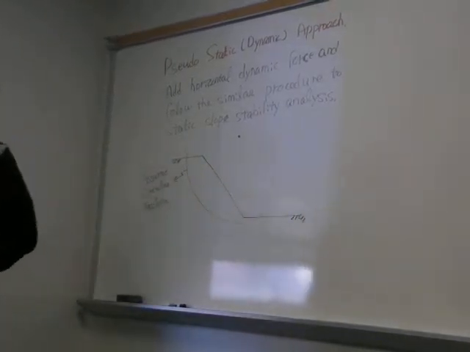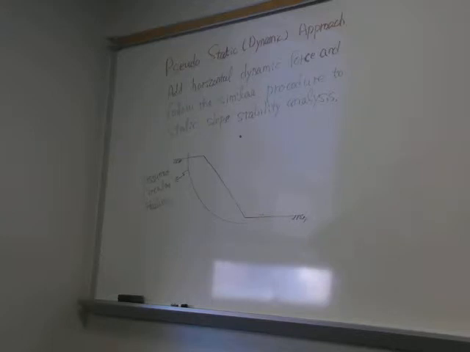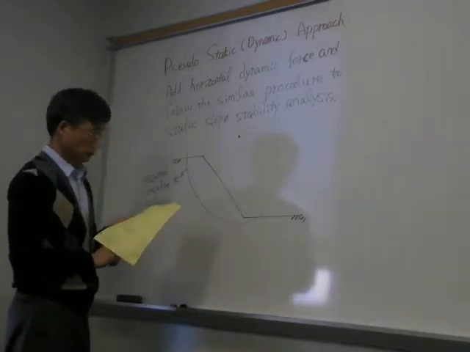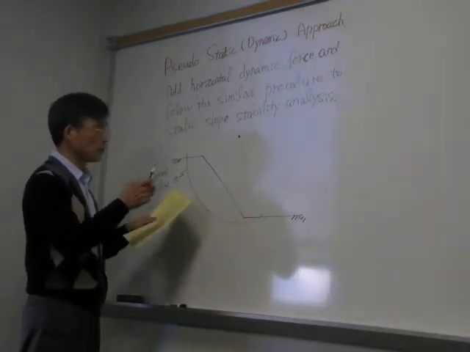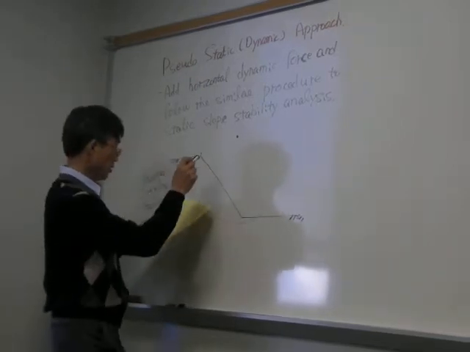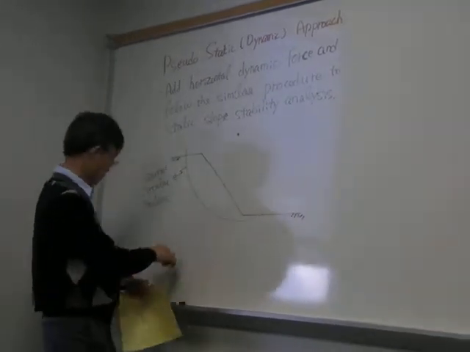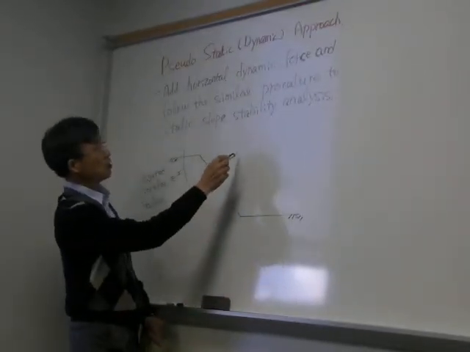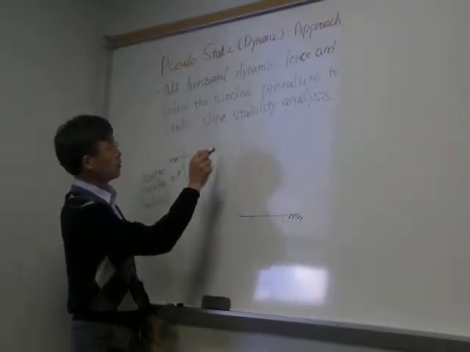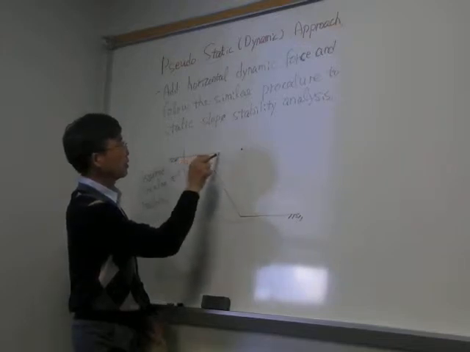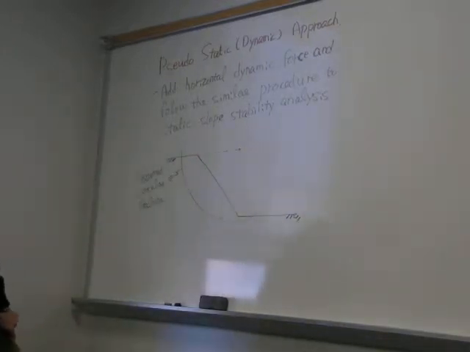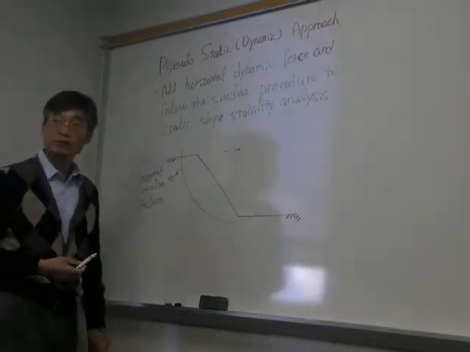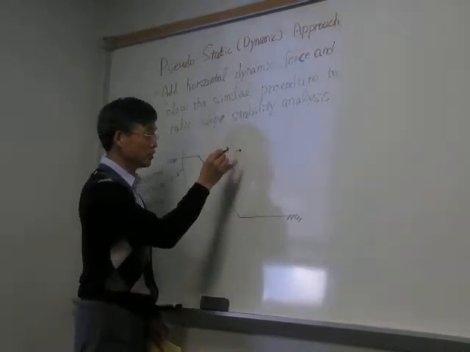Again, the only reason why I assume circular failure is because it's the simplest form. And maybe I will correct the point a little bit so that it's easy to derive the equation somewhere here. The figure is not very accurate, but we will say our center of rotation is here.